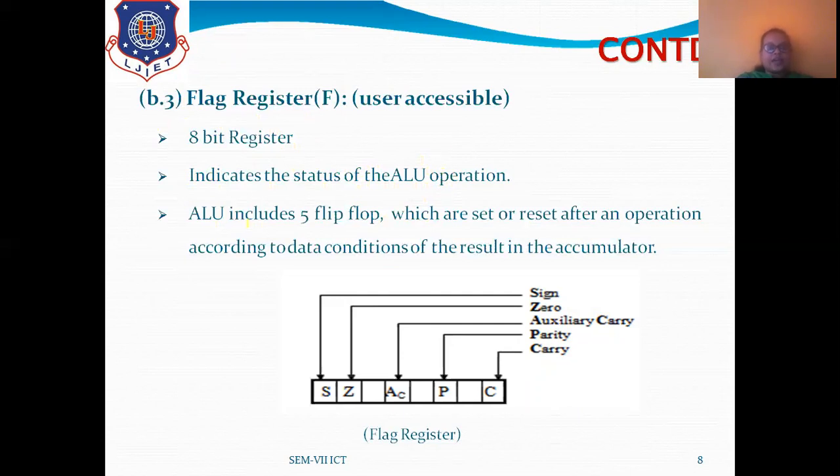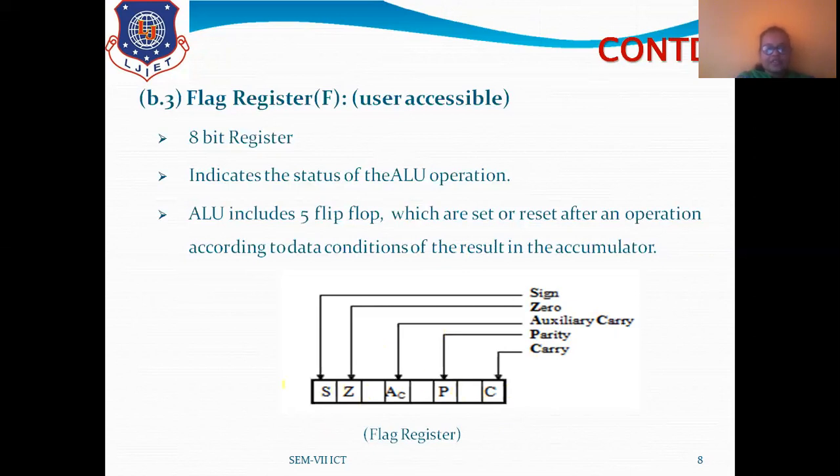ALU includes 5 flip-flops which are set and reset after an operation according to the data conditions of the result of the accumulator. So whenever the result of an ALU operation is stored in the accumulator, there are 5 flags which are affected after the operation.